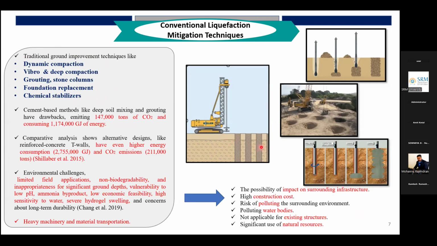These methods are more appropriate where you are looking at a greenfield problem, new construction. In case you identify that your subsoil is weak and during an earthquake you may expect some sort of liquefaction, using these methods may have some impact on the existing structure. So the possibility of impact on surrounding infrastructure is expected for the conventional methods.